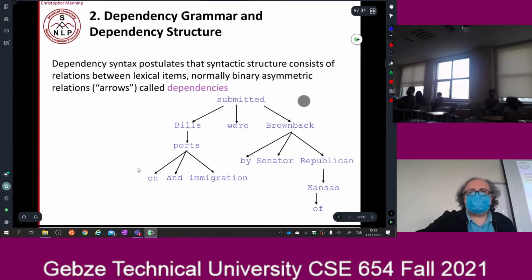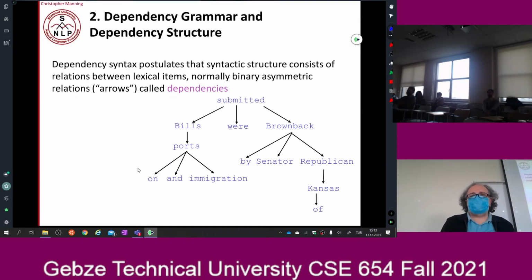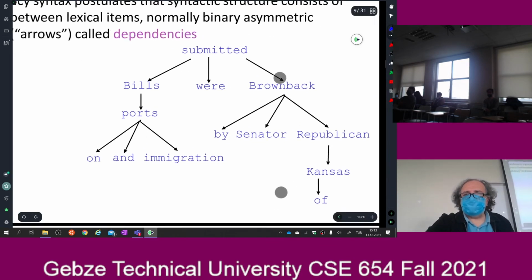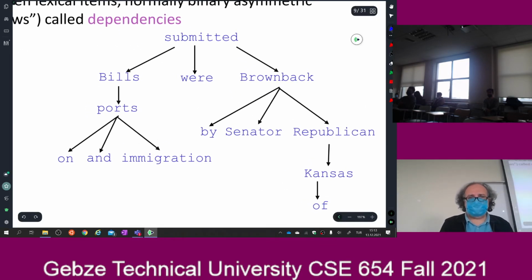So let's get back to dependency grammar. Okay, so arrows are our dependencies. Each node in this dependency tree is a word of our sentence. Can you read this original sentence?